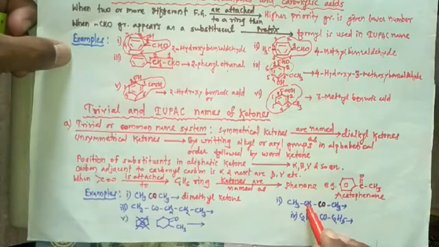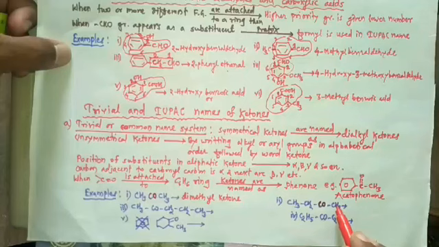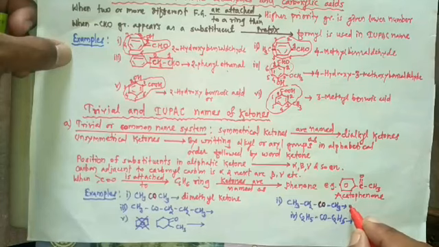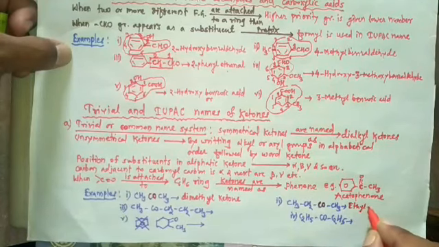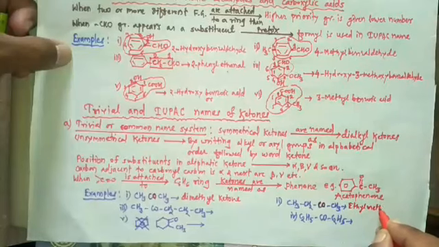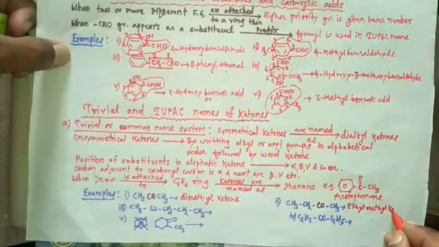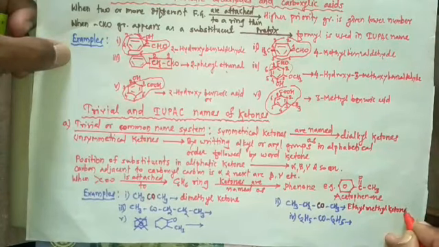So the common name of this ketone is ethyl methyl ketone, because alphabetically E of ethyl comes first, then M of methyl. That's why first of all we have to write the ethyl group, then methyl, and then the word ketone.